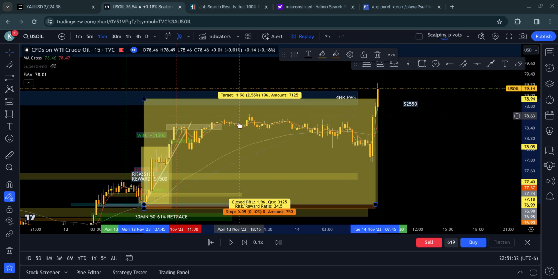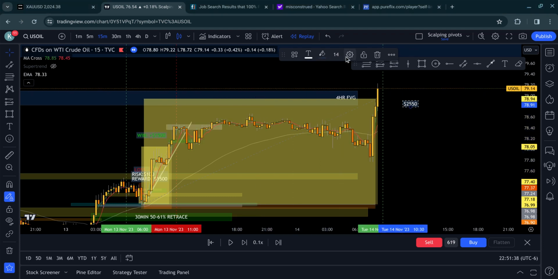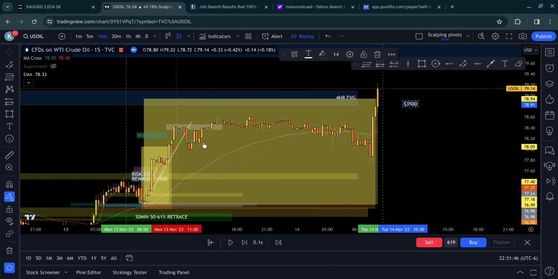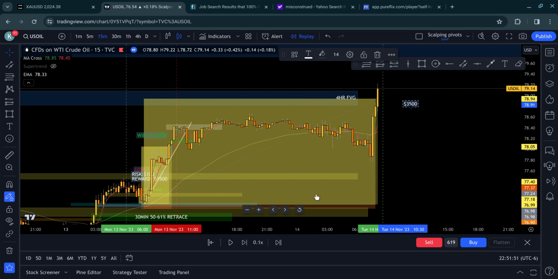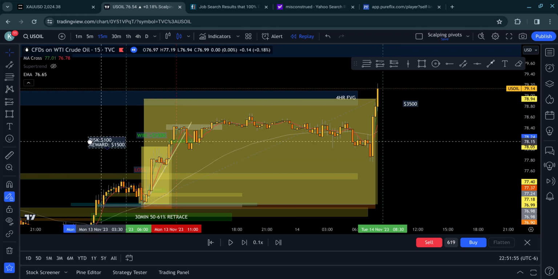So plus 2550 equals 3,500. So that's a ridiculous risk to reward ratio. Sorry, you made 2,450 off of $100 risk, right?